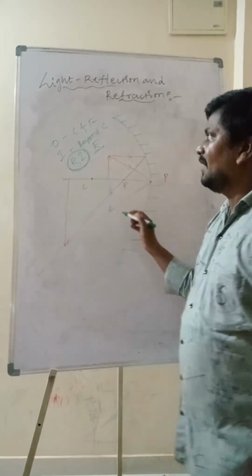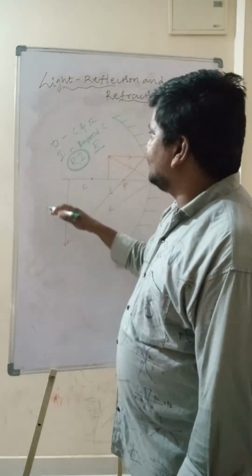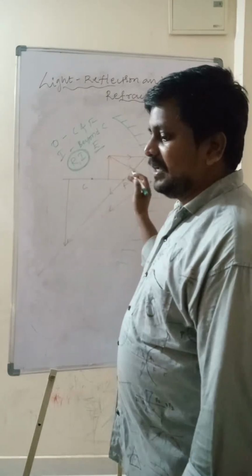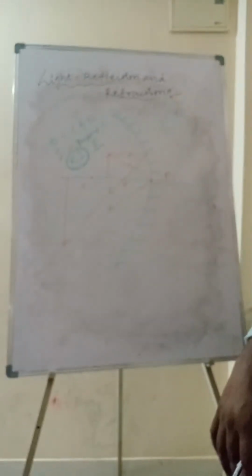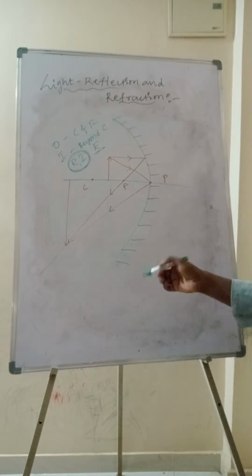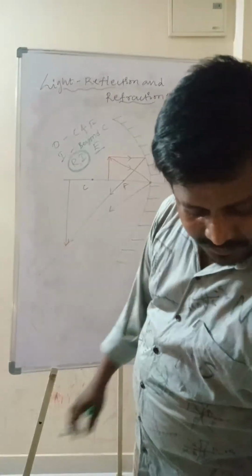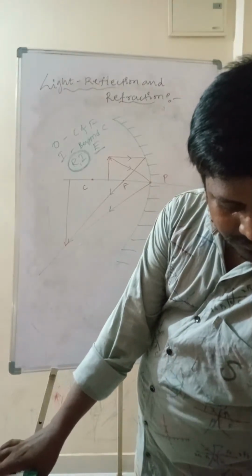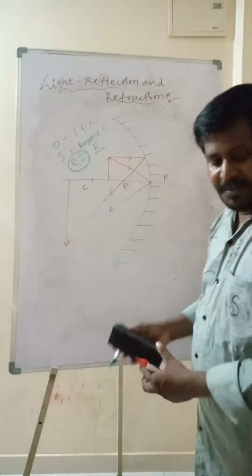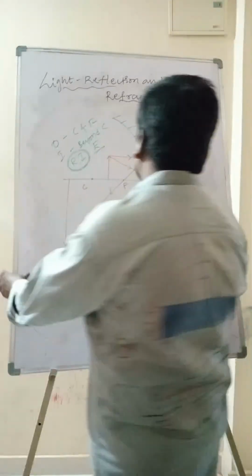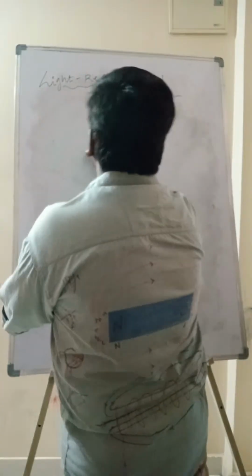So once again, the object is placed between C and F, the image is formed beyond center of curvature. What is the nature of the image? Real, inverted, and the size of the image is enlarged. That's enough.